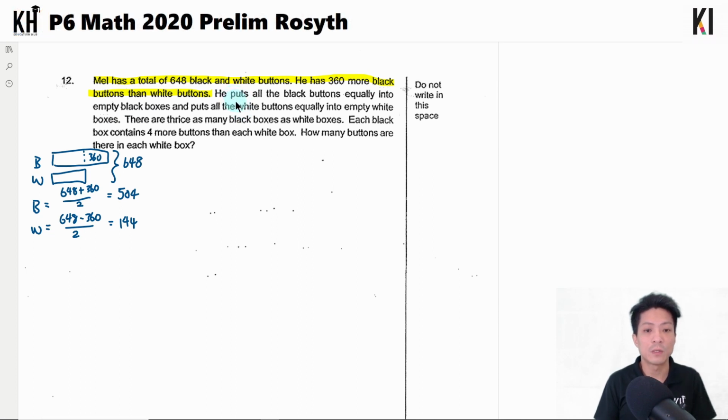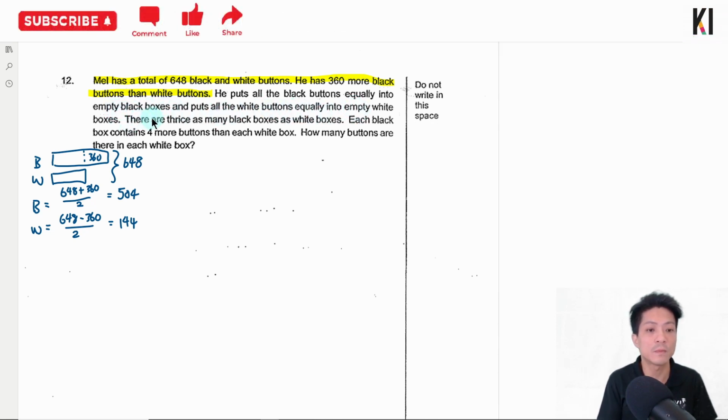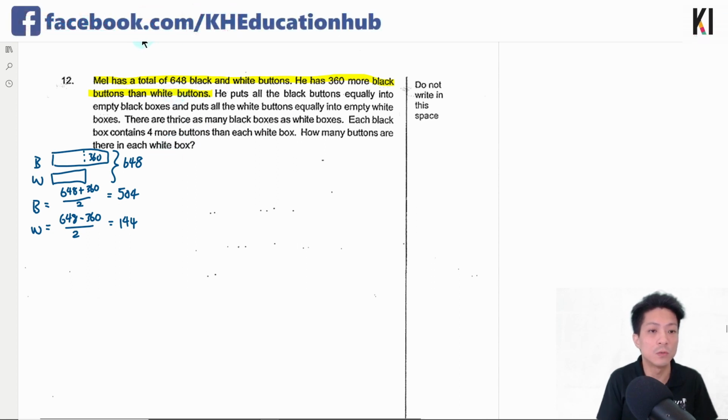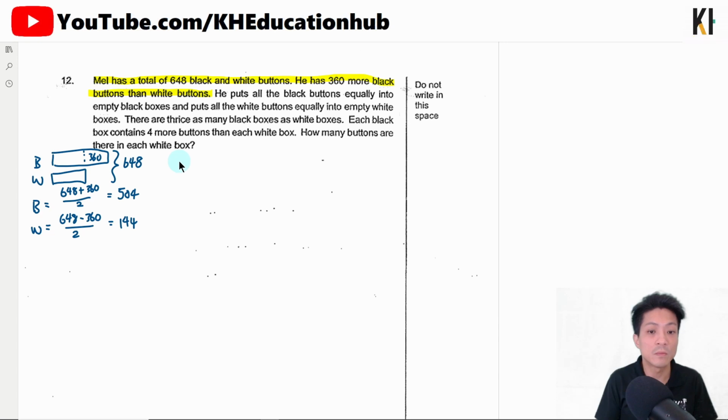Next, he puts all the black buttons equally into empty black boxes and puts all the white buttons equally into empty white boxes. There are thrice as many black boxes as white boxes. So the next step is I need to find the equal number of buttons in the white boxes and black boxes.